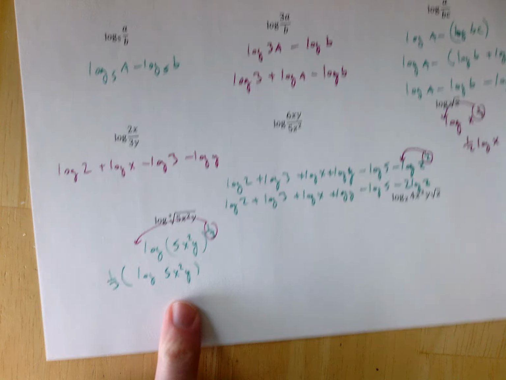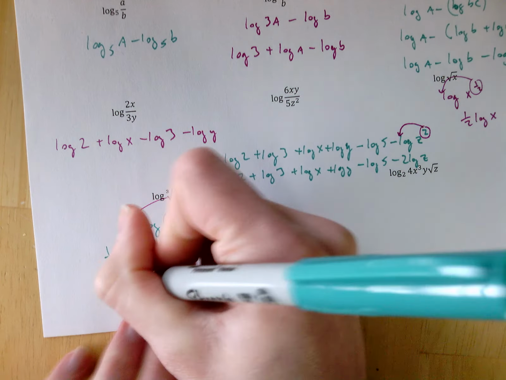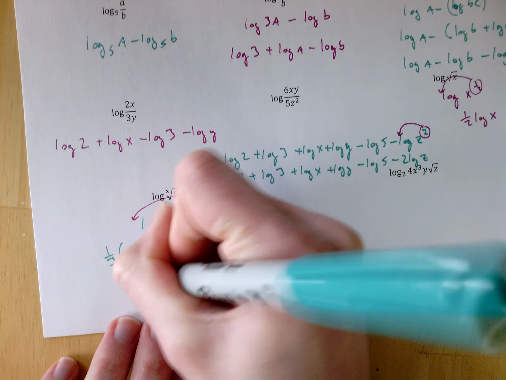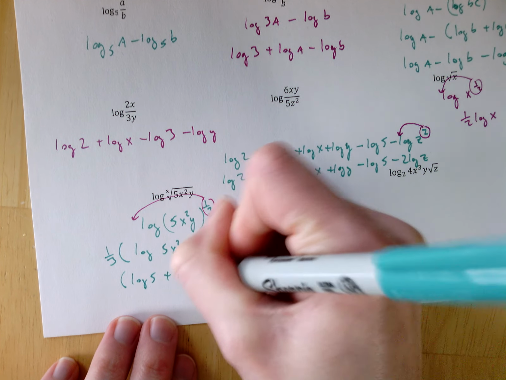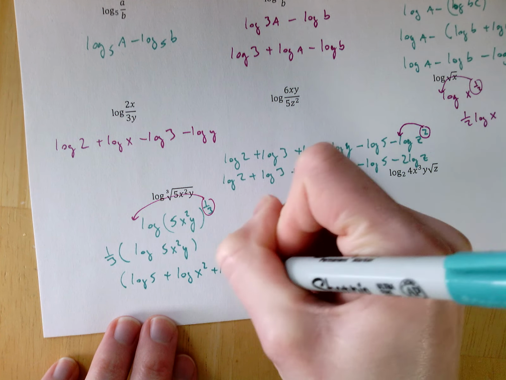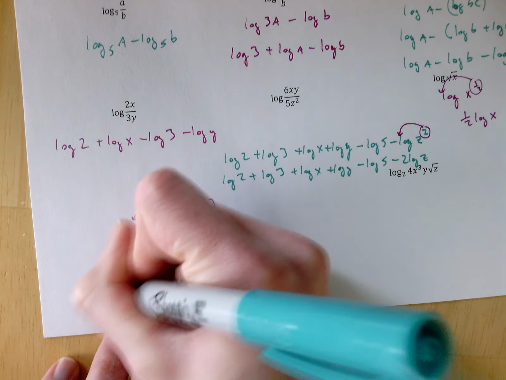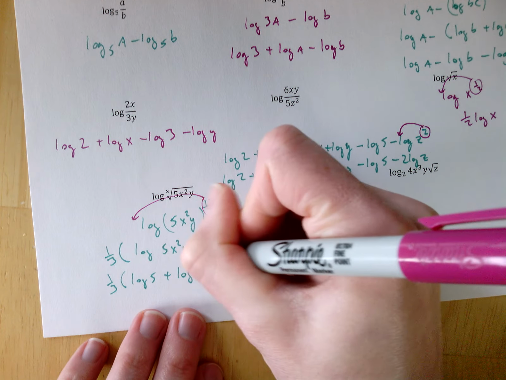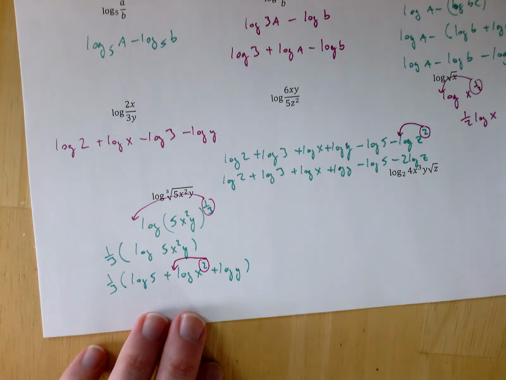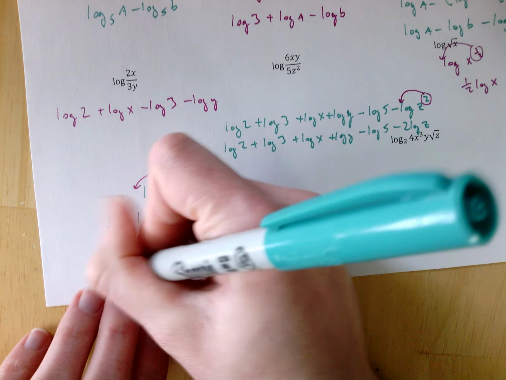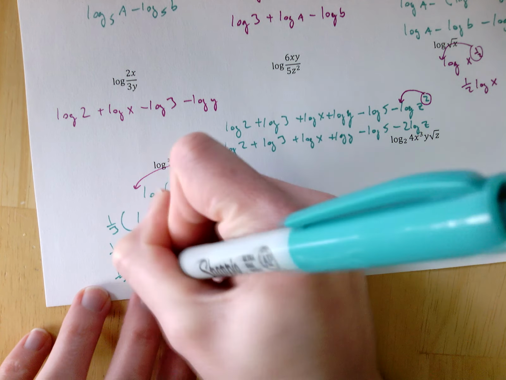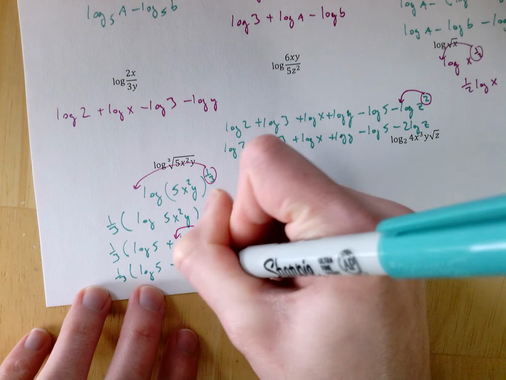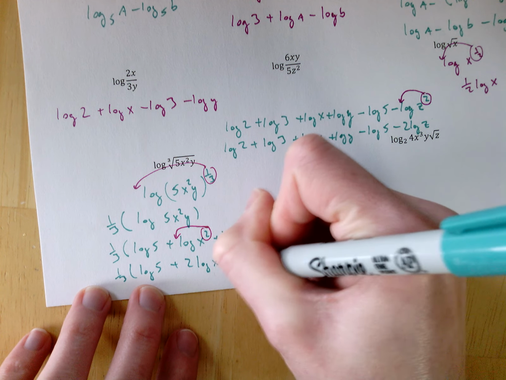And then this guy I can break up, right? So this will be log of 5 plus log of x squared plus log of y. Still got my 1/3 chilling out. I can drop this guy down to the front. So that'll be 1/3 log of 5 plus 2 log of x plus log of y.